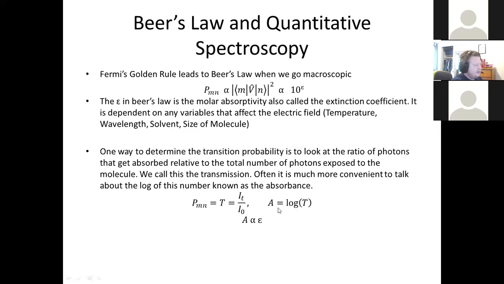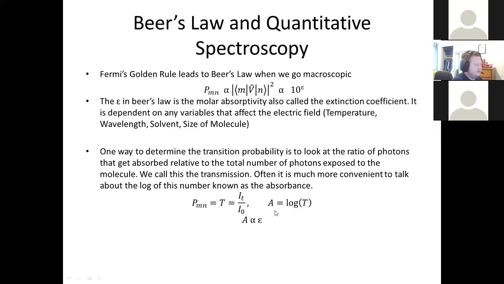It's exactly equivalent to this probability. Similarly, it's nice to talk about this in terms of the log of T, because there's a scaling that has to do with the concentration that's first order kinetic, basically. So we can eliminate our exponential by taking the log of this transmittance.